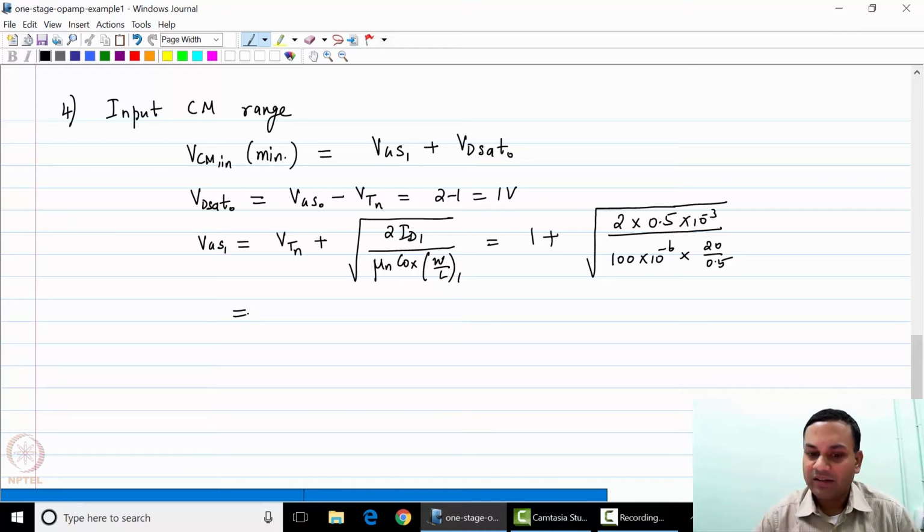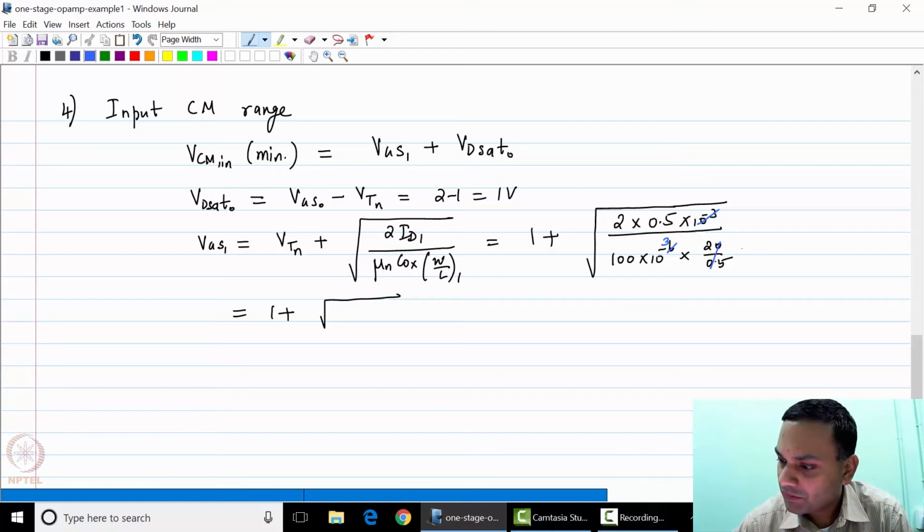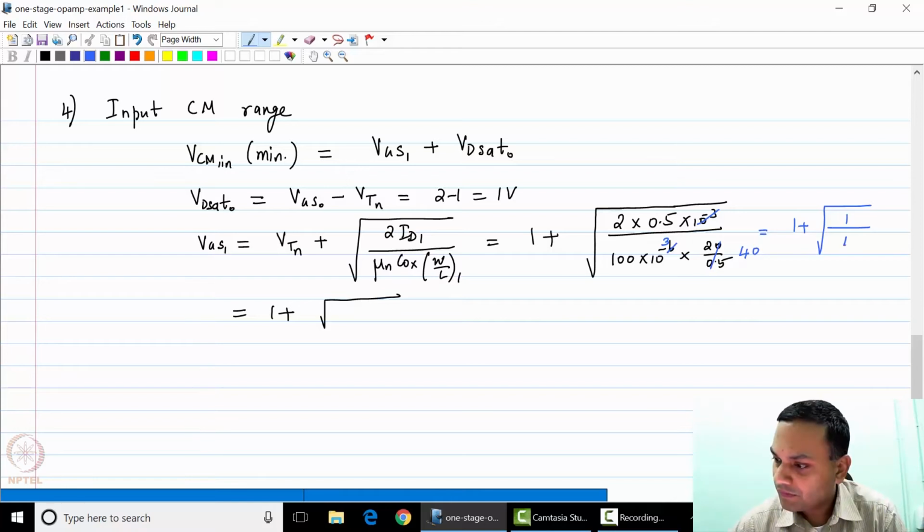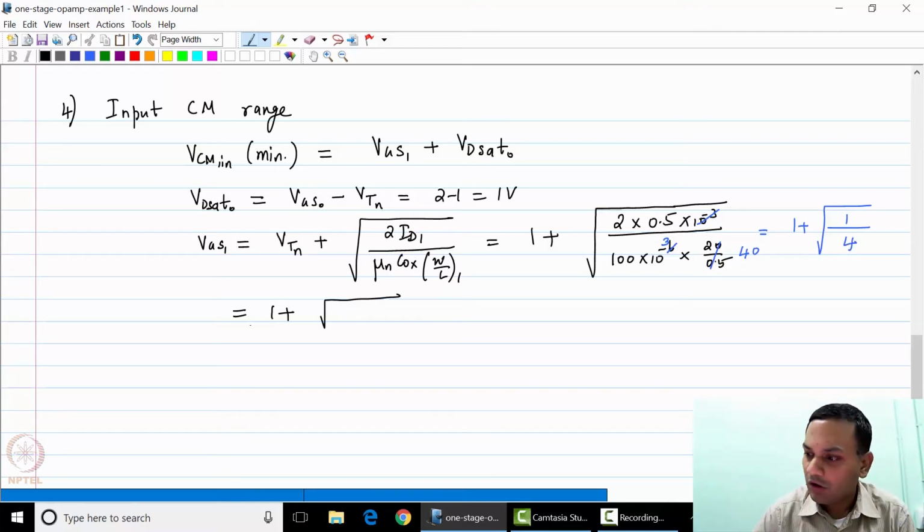So this is nothing but 1 plus square root of 10 power minus 3, and this is 40 over 1, so this is 1 over 4, or 1.5 volts.